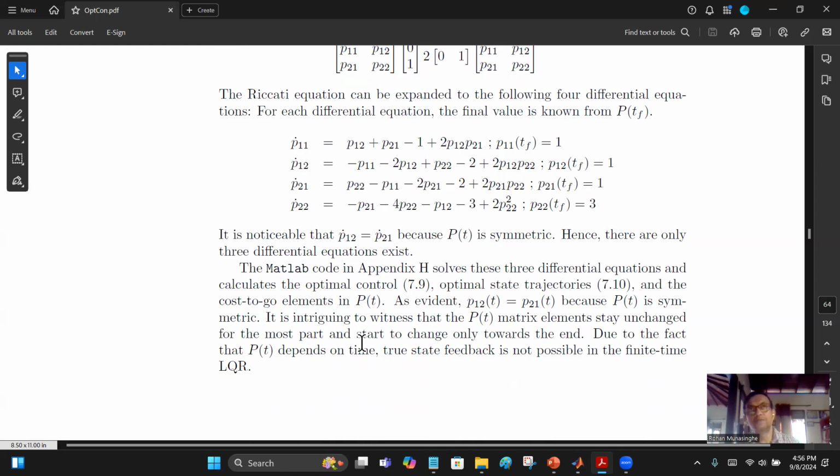But actually, P matrix is also a symmetric matrix, right? Therefore, the off-diagonal elements are equal. So P12 is equal to P21. So P12 dot, P21 dot, you look at these two, right? So they are same.